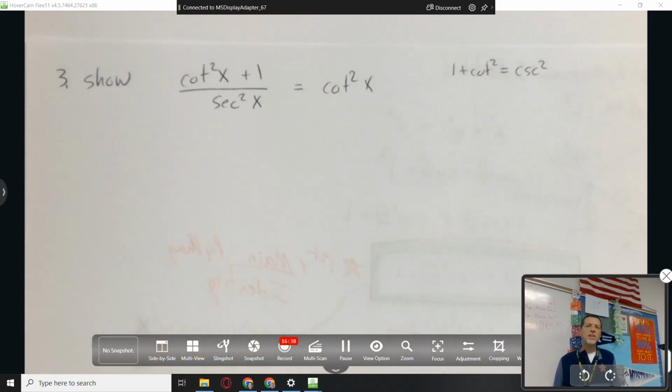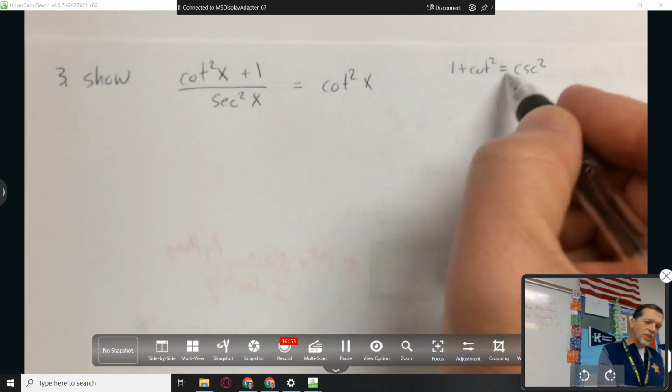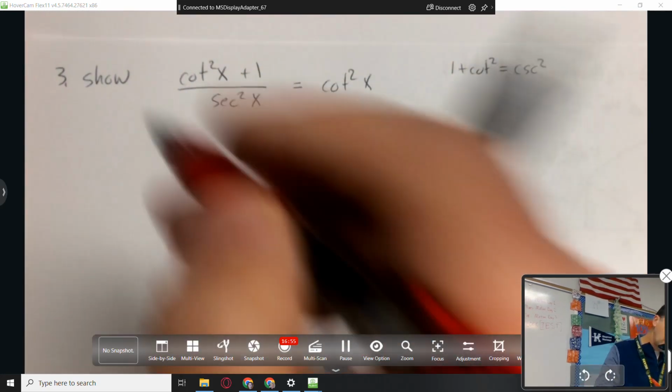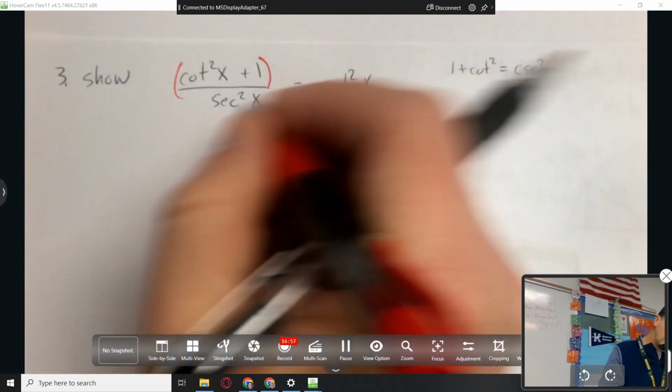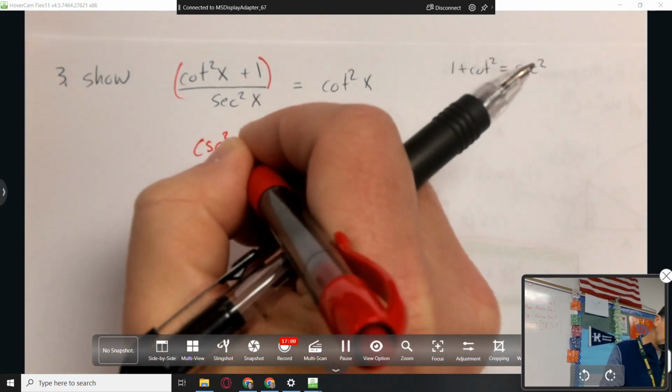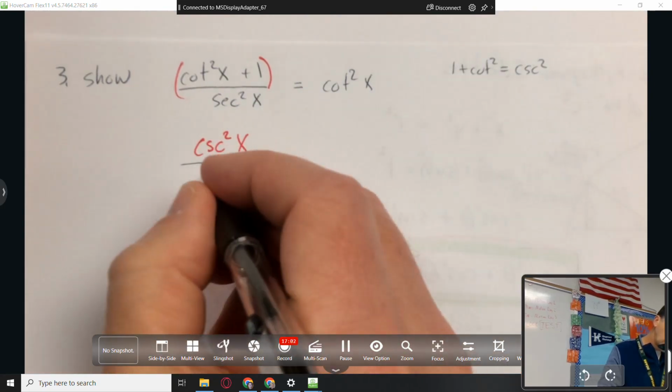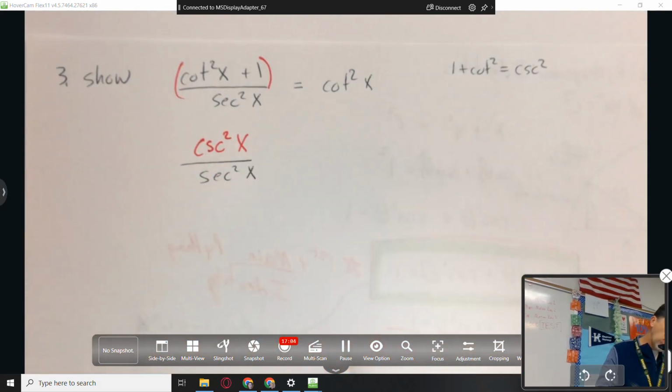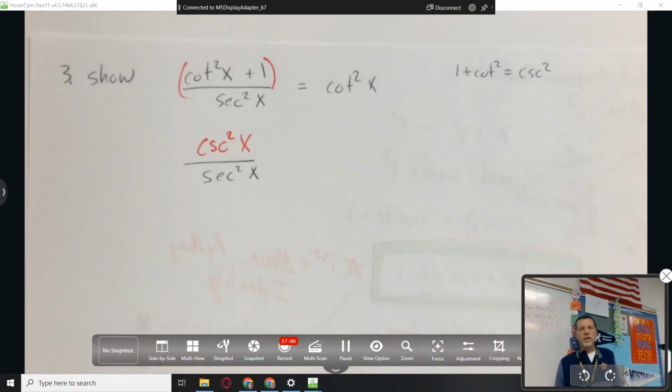So if 1 plus cotangent squared equals cosecant squared, what does cotangent squared plus 1 equal? That's supposed to be the easy question, because all we did was change the order. So that's still cosecant squared. So all of this is cosecant squared. And somehow that's supposed to be cotangent.